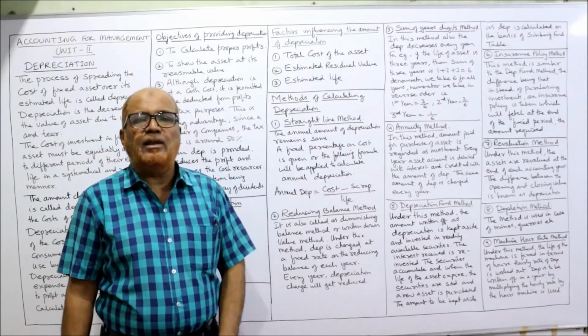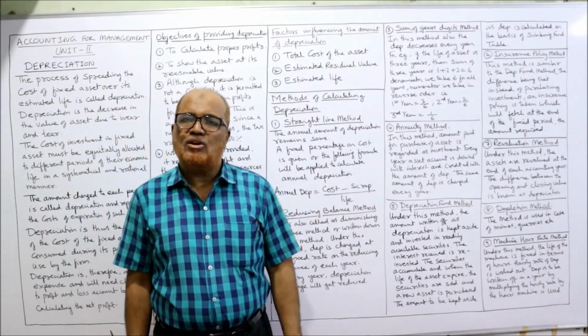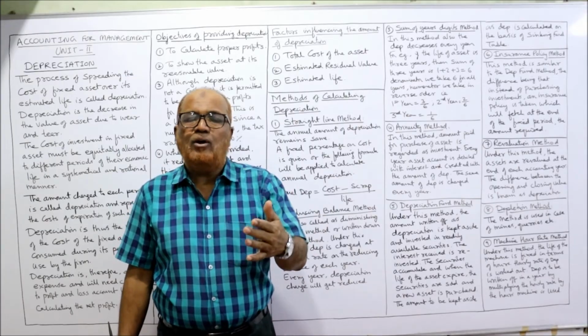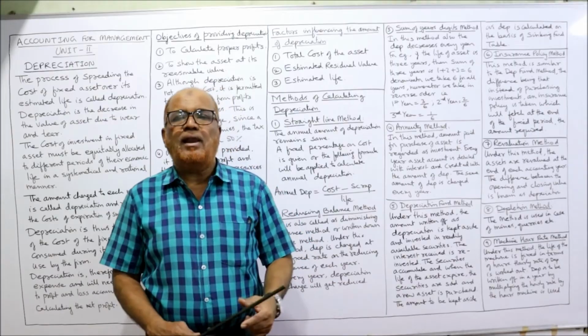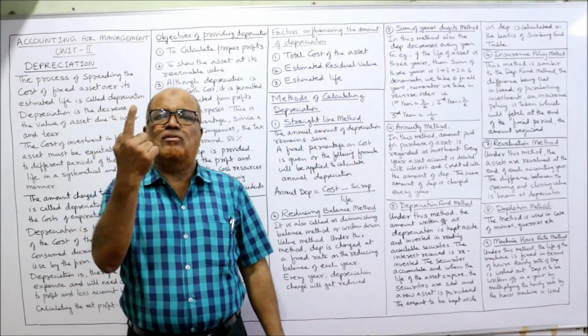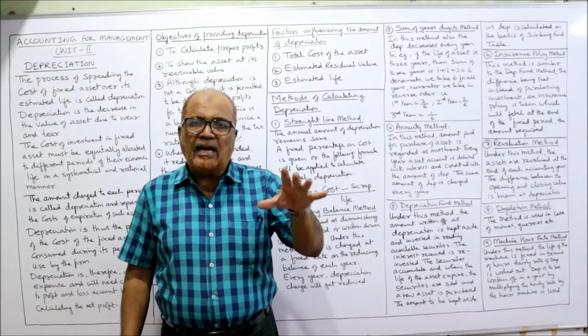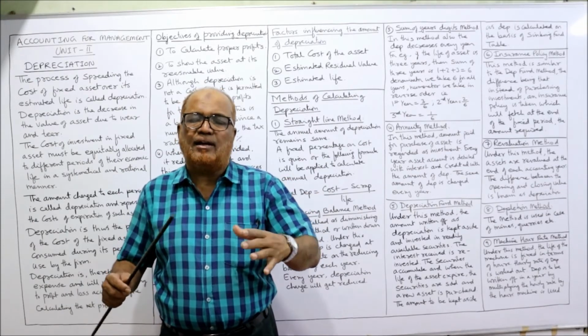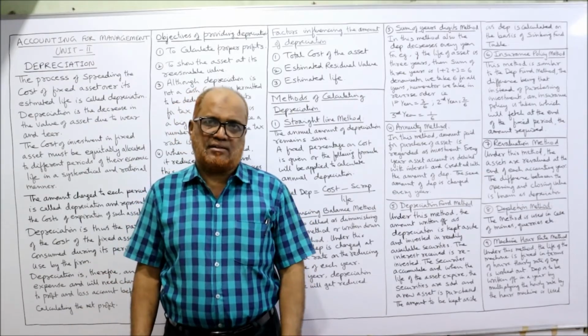Next is revaluation method. This is also one of the method of depreciation where we revalue the value of the asset at the end of each year. For example, at the beginning of the year, the value of the machine was 1 lakh. We have used the machine for 1 year. At the end of the year, we have calculated, revalued how much would be the realizable value of this asset.